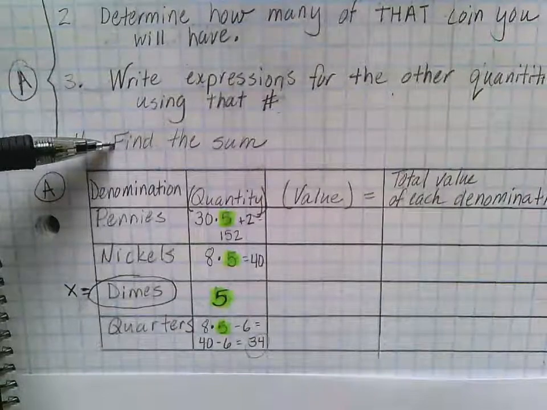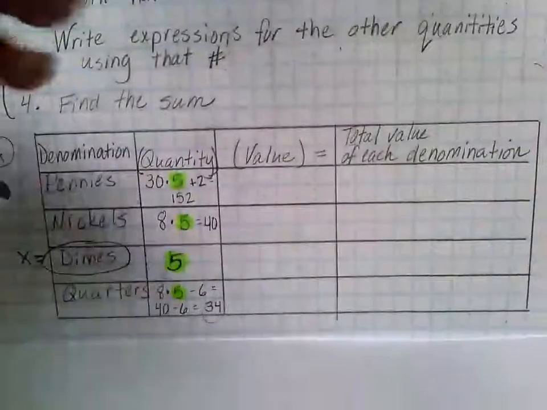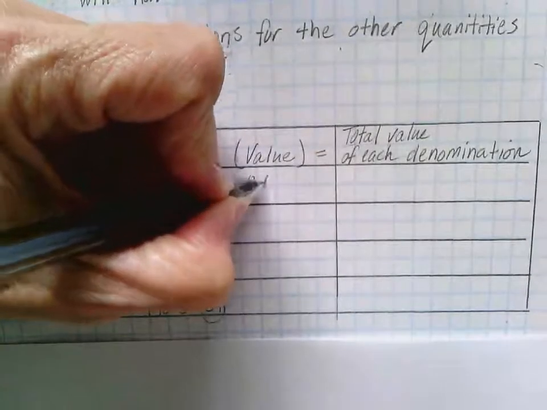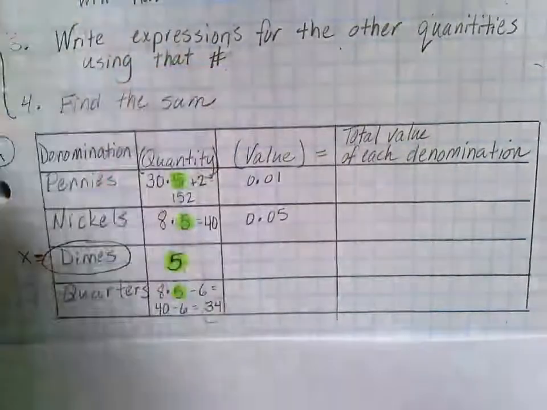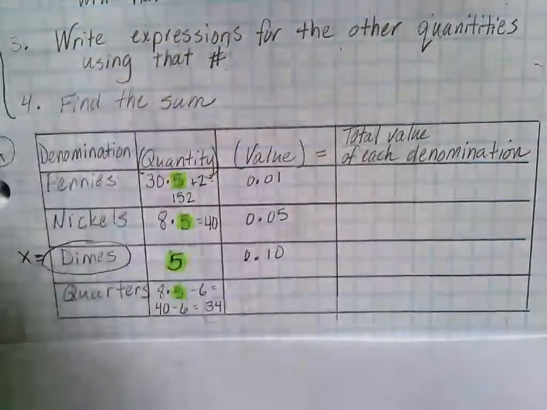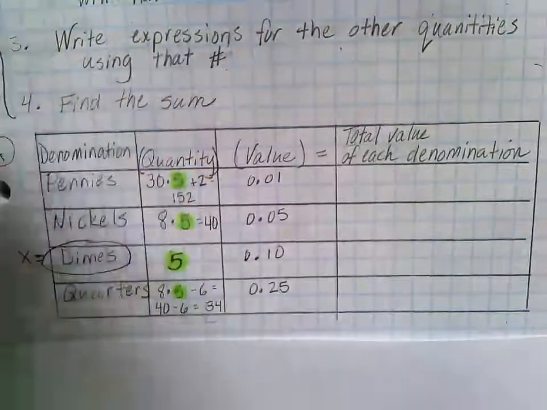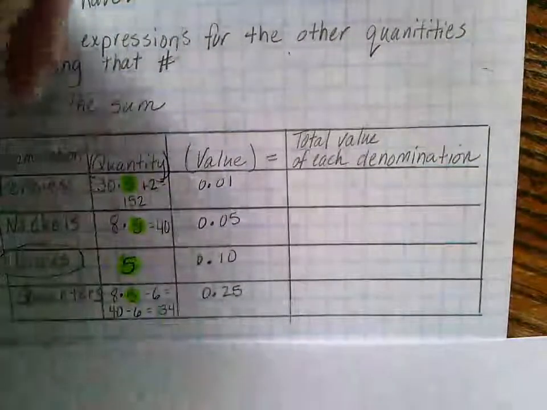Now I need to find, well, how much money is that? So I'm going to take the value of each coin. So this is 1 cent. This is 5 cents. This is 10 cents. And this is 25 cents. And you can either use your calculator or you can do the math in your head.